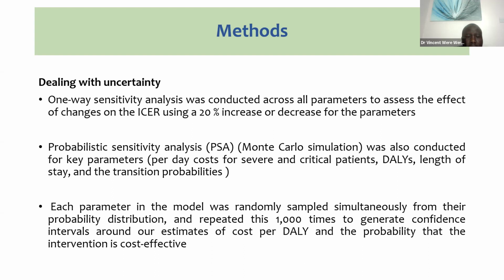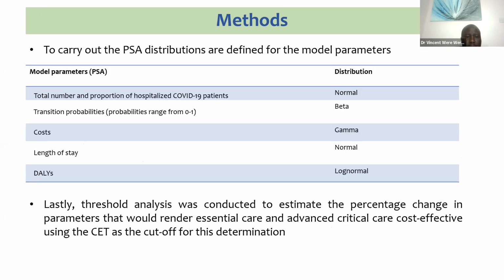The software will then run what we call simulations, up to 1,000 times or 5,000. For each of the variables, it will tell you which has the highest impact on your incremental ratio. For instance, per day cost for severe, DALYs, length of stay, and transition probabilities were fed into the probability model.